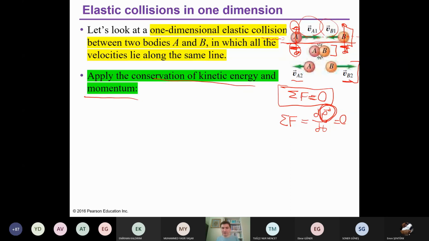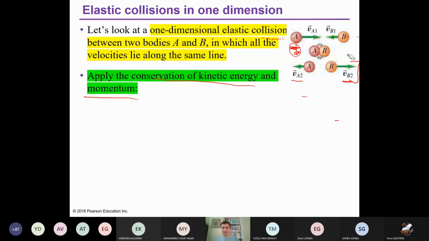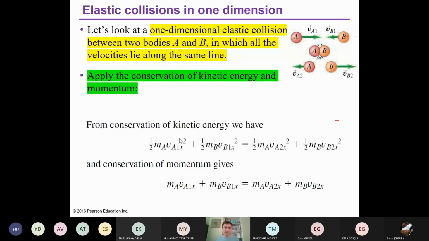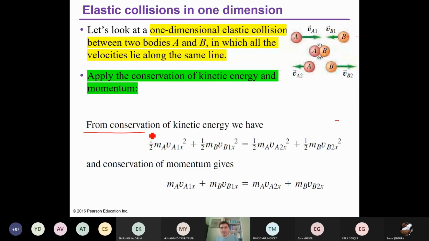First of all, let me delete this part and clean the board. Then you can better see the velocities before the collision and after the collision. So look at this one. Here we have conservation of kinetic energy. This is the initial kinetic energy of the A ball. This is the initial kinetic energy of the B ball.